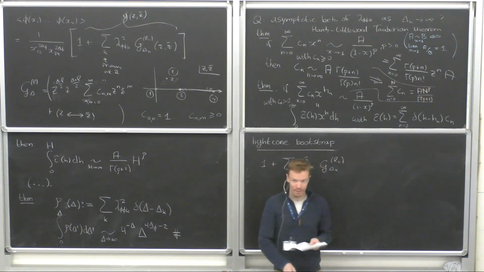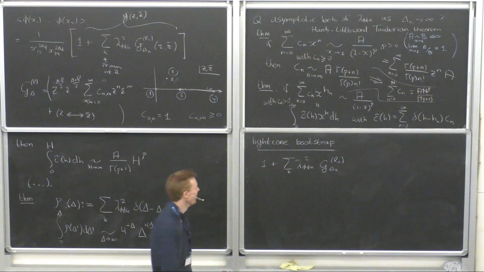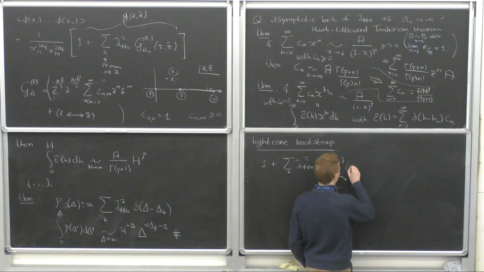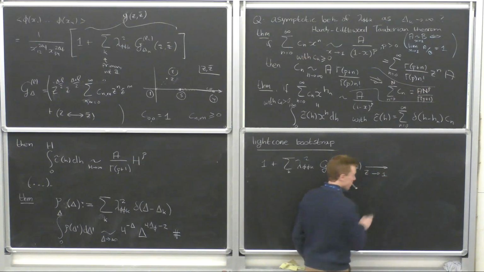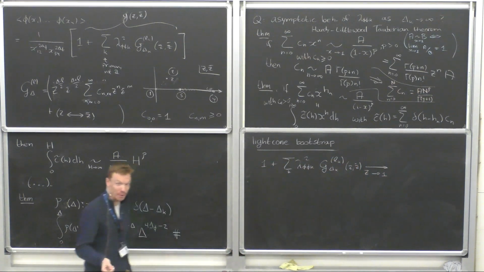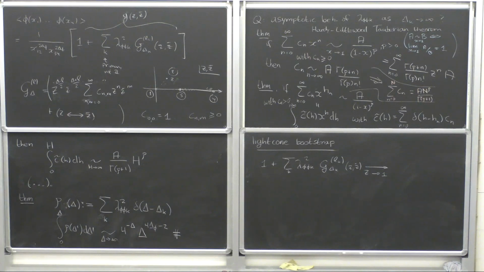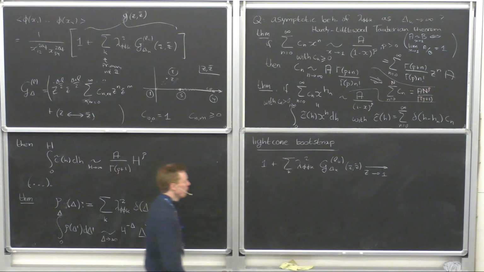Now I'm definitely taking off my mathematician's hat. Although there is a way to make this rigorous, this is the non-rigorous, quick, and very dirty argument that I'm going to present. So we're going to look at the z to 1 limit, but for now we'll take z bar fixed.